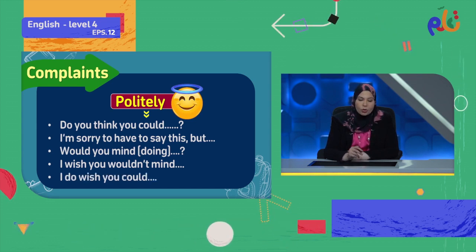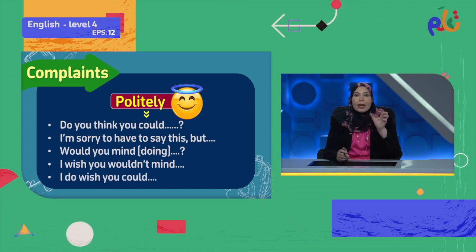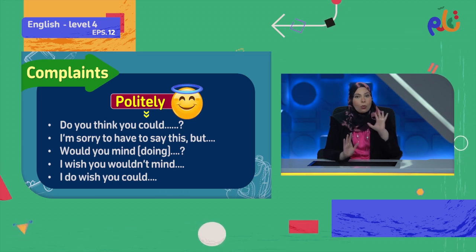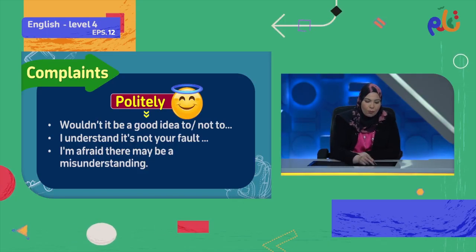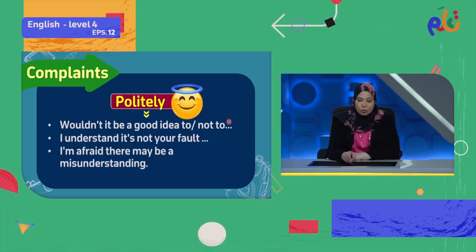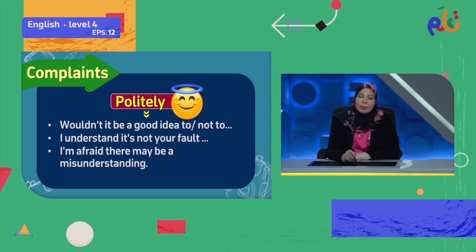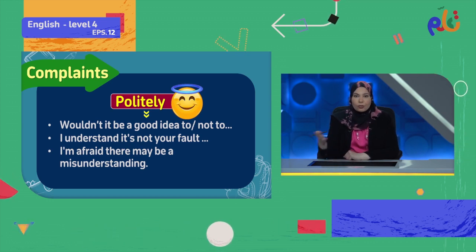Or, I do wish you could, and then we're talking about an infinitive without to. So, I do wish you could exchange the room for me, get me another soup, or whatever. So, would it be a good idea to, or not to? Would it be a good idea to exchange my room?